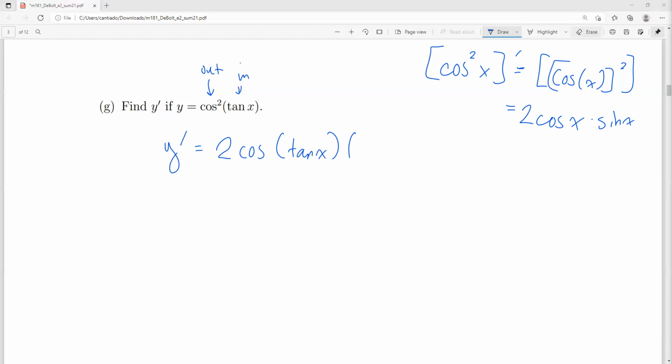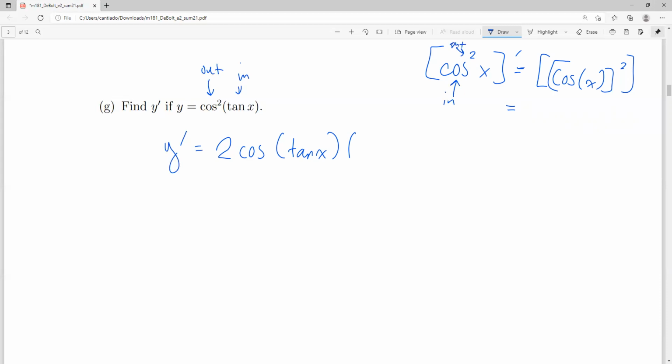Okay, so this has like a chain rule within a chain rule. So it's like a nested chain rule here. So let's look at the simple case first. The derivative of cosine squared of x: the reason why I say this is a chain rule in the chain rule is that the derivative of cosine squared is actually a chain rule of itself. We have the inside function, which is the cosine, and the outside function is the power.